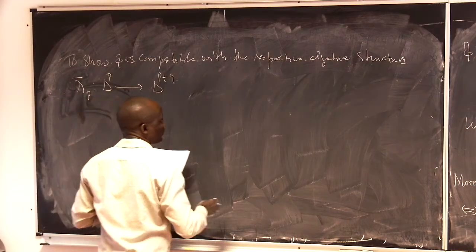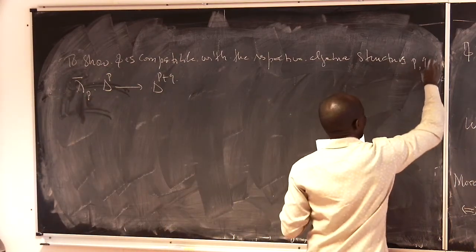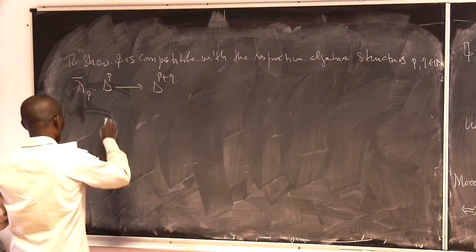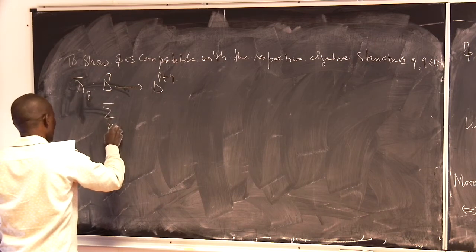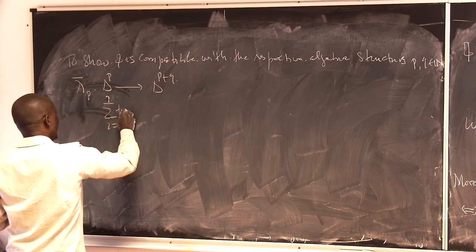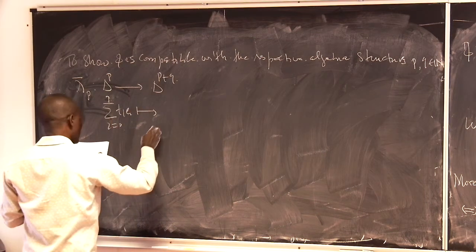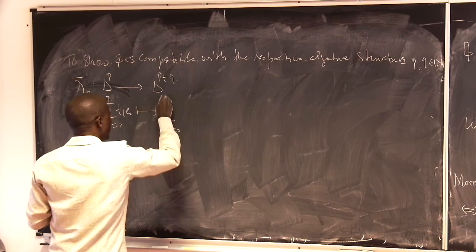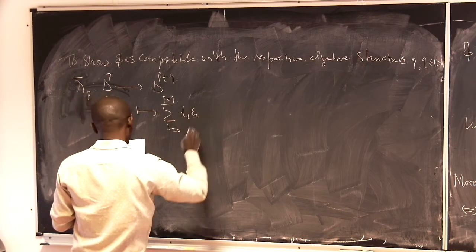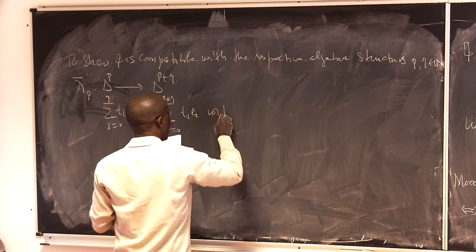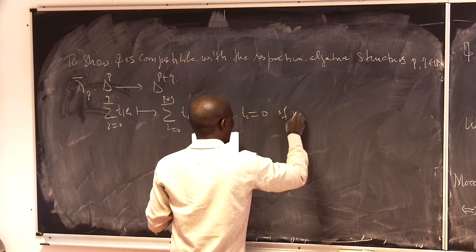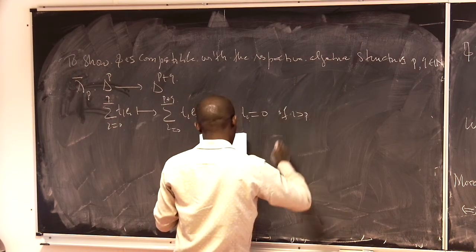Of course, p and q are in N integers, which assign to summation from 0 to p of t_i e_i the summation from 0 to p plus q of t_i e_i, with t_i equal to 0 if i is greater than p.